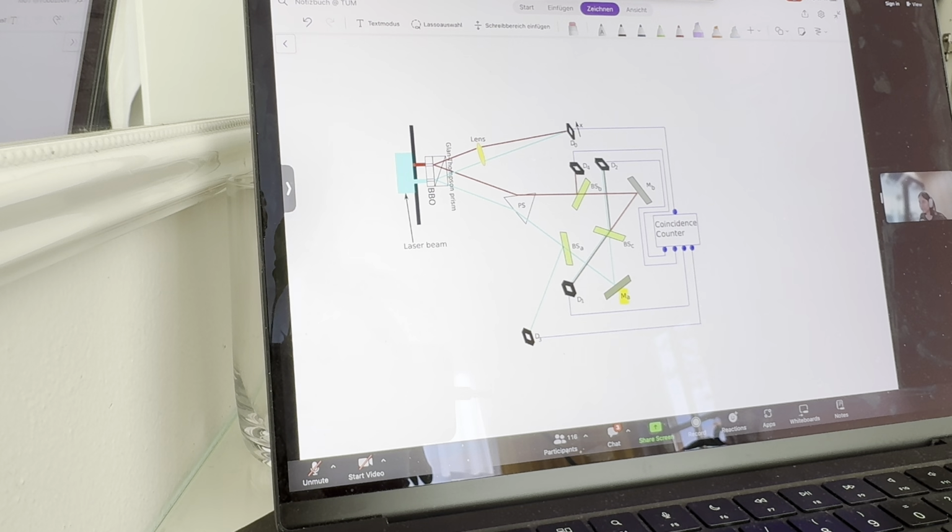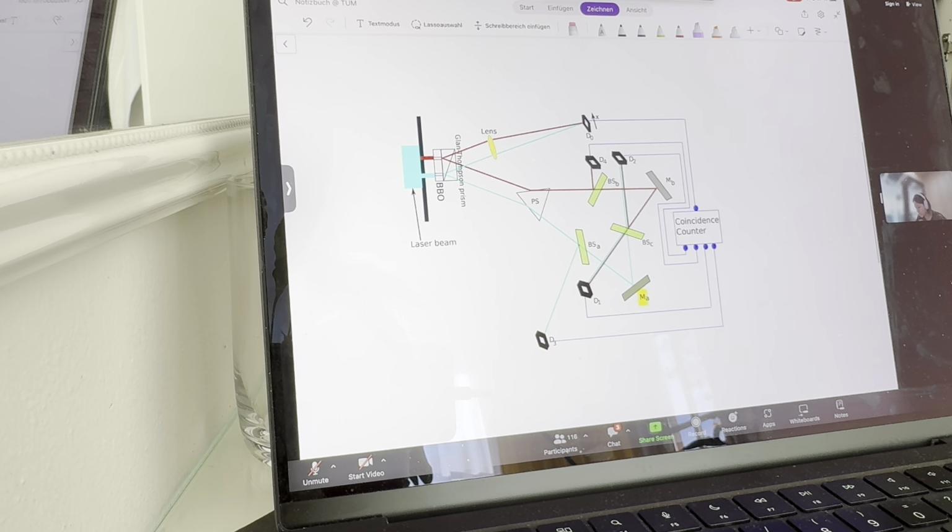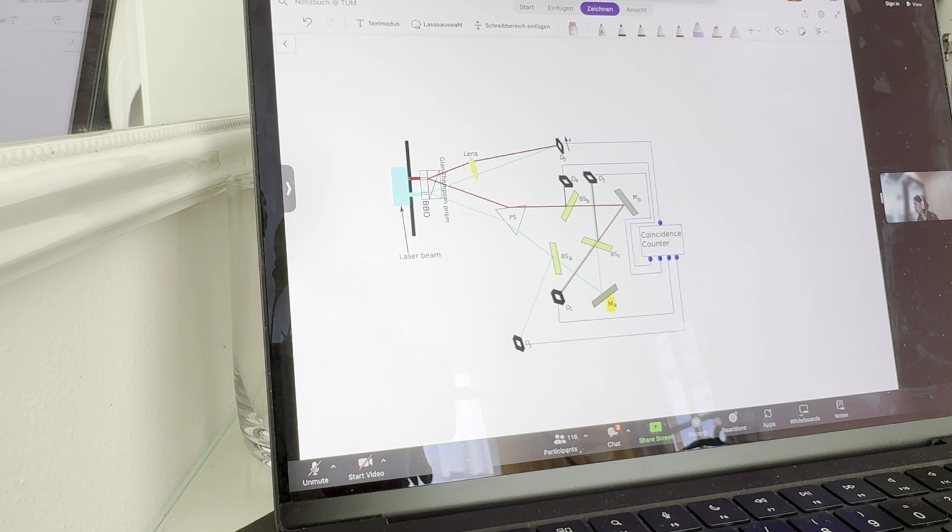Okay, so what I'm showing you here is a sketch of the experiment, which was actually conducted by researchers in the year 2000. I will first sketch the overall idea, and then we will go through this experiment step by step.